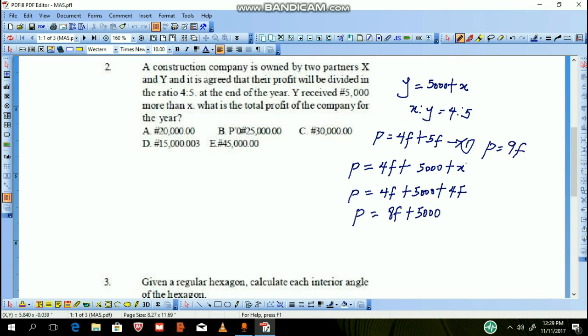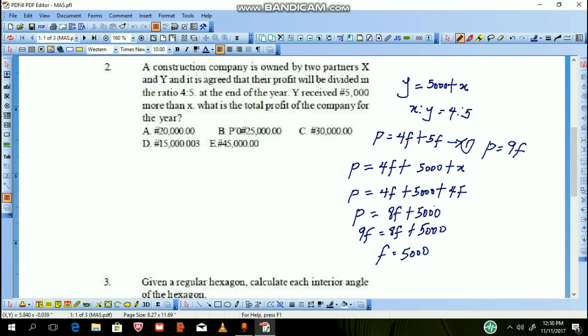So this profit, which is 9F, will be equal to 8F plus 5,000. If I bring this over here, that will be 9F minus 8F, which means F is equal to 5,000. So I now know that my F is 5,000.